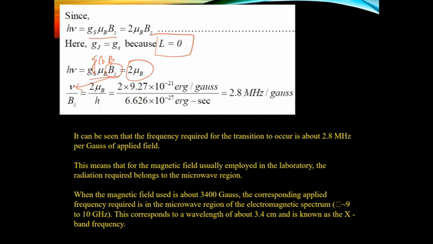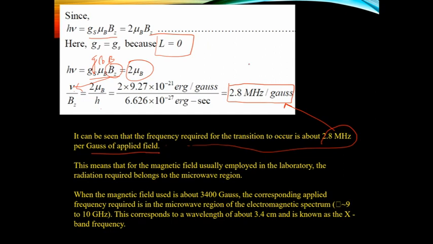You can substitute this and you will get 2.8 megahertz per Gauss. This is the outcome of the selection rule calculation. So it can be seen that the frequency required for transition is about 2.8 megahertz per Gauss of the field applied.